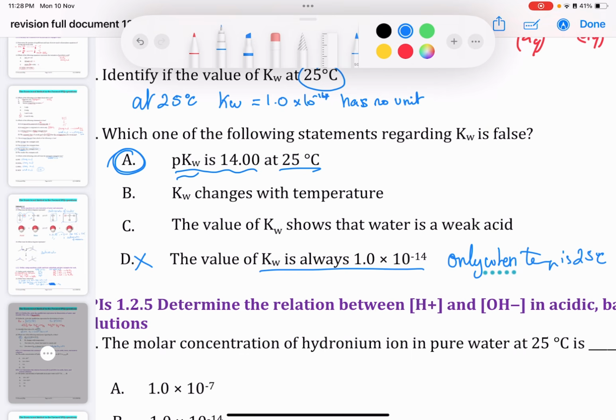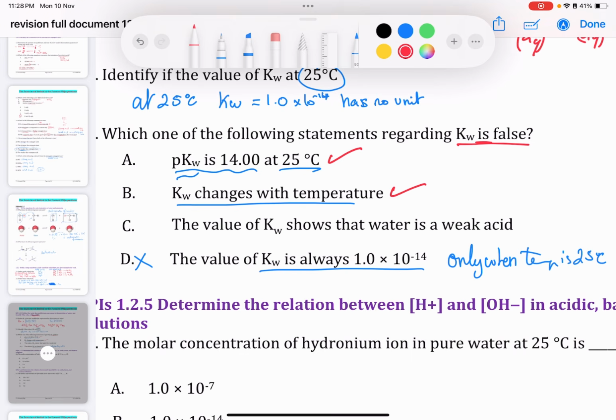So the only reason that I did not choose D is because the sentence is missing. They must say that it is equal to 1.0 times 10 to the power negative 14, but they have to mention which temperature. Kw changes, yes, definitely, it changes with the temperature. Sorry, here we need to choose the false. So that is correct, that is correct.